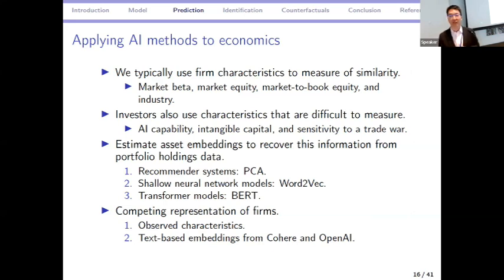And investors are using a wider set of information to do portfolio choice and predictions. For example, AI capability and intangibles are things that are harder to measure with observed characteristics. Okay, so what the asset embeddings do is, from the portfolio data, we try to recover all this information, what I call little x. And we have different ways to recover this information using PCA, word2vec, BERT, that we explain in the asset embeddings paper.